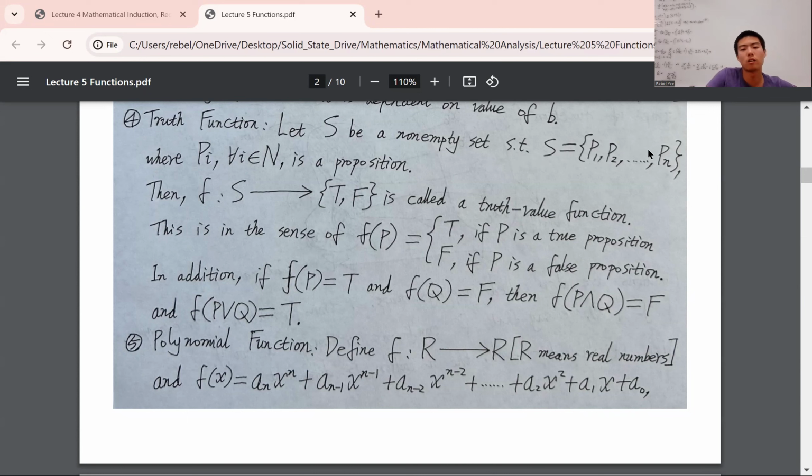We have a function from S to {T, F}, and we call it a truth function, or a truth value function. For each p, if p is a true proposition, it goes to T, and if it is a false proposition, it goes to F.